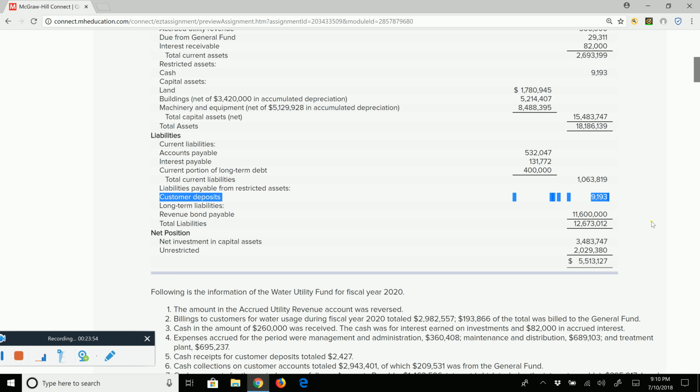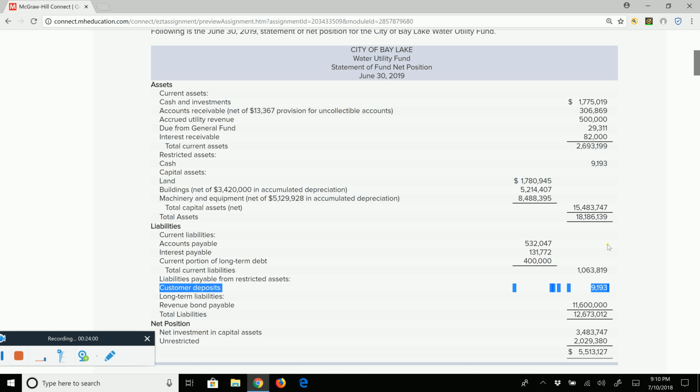This is the customer deposit of $9,193. One other thing I wanted to show you is here in the asset section, we had this asset called accrued utility revenue of $500,000. Once again, if you recall from our studies, this represents the amount of water our customers used, but we didn't bill them until the next year. So this is an accrual, basically.